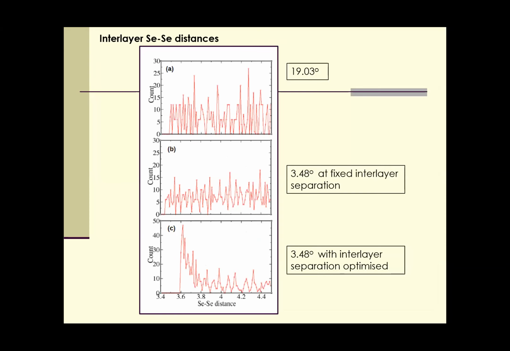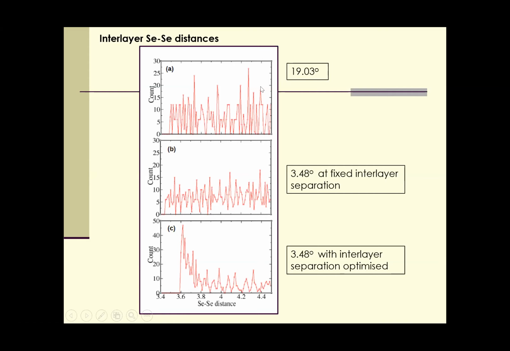Okay, so what is responsible for the presence of the split off band? As I said, the coupling between the two layers is via the interlayer hopping interactions, and this depends on the selenium-selenium distances. So first we thought, let's have a profile of the selenium-selenium distances in each of the cases.